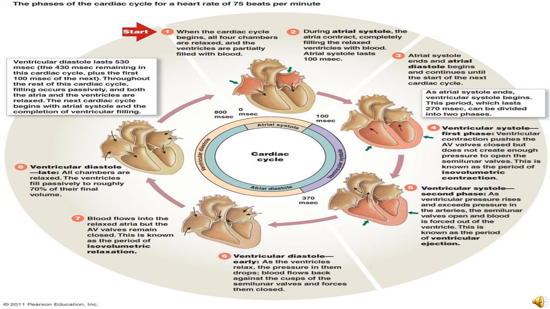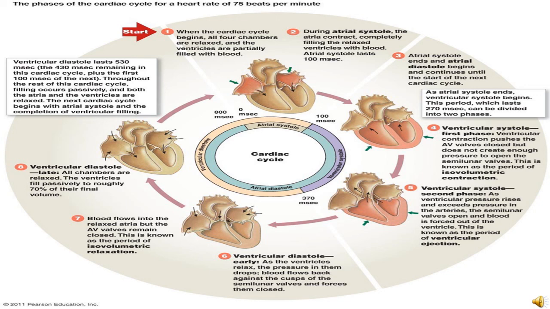And in the late phase of ventricular diastole, all the chambers are relaxed and the ventricles fill passively to roughly 70% of their volume. The ventricular diastole lasts for about 530 milliseconds, the 430 milliseconds remaining in this cardiac cycle plus the first 100 milliseconds of the next.